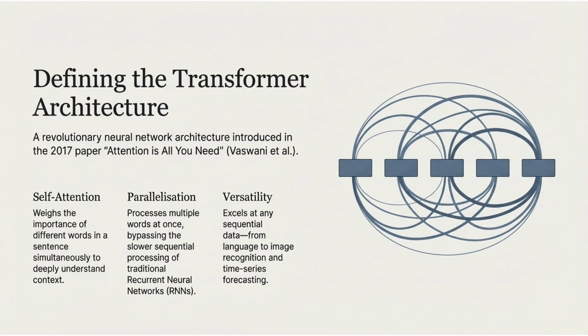Another advantage is parallel processing, enabling transformers to process many words simultaneously rather than sequentially like older models. Because of this, transformers are faster and more efficient than traditional recurrent neural networks. Their flexibility also allows them to work in many domains, including language processing, image recognition, and time series analysis.